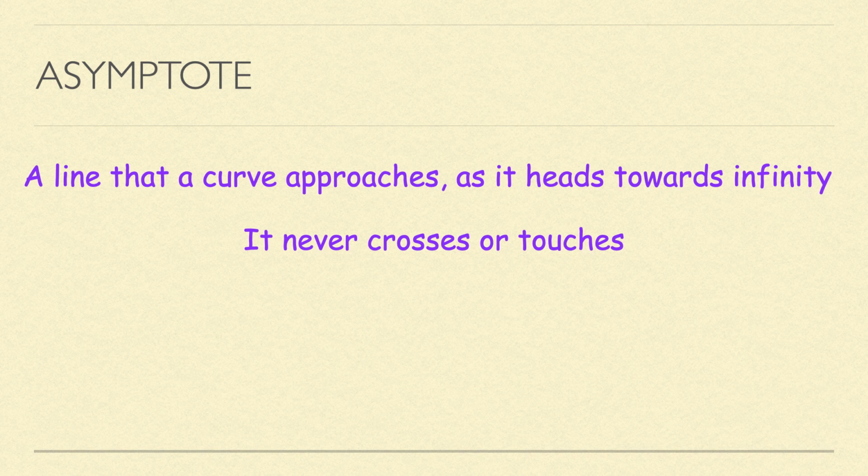It never ever is going to cross or touch that asymptote. All right, so be thinking about this as we talk about the next few slides, and think about what that means, that that line is never going to cross or touch this asymptote.